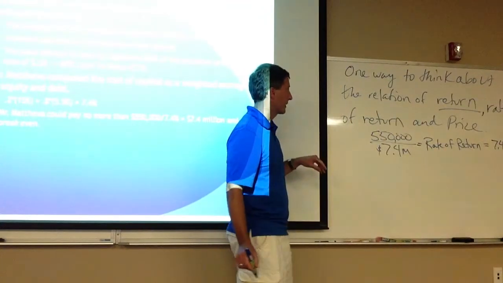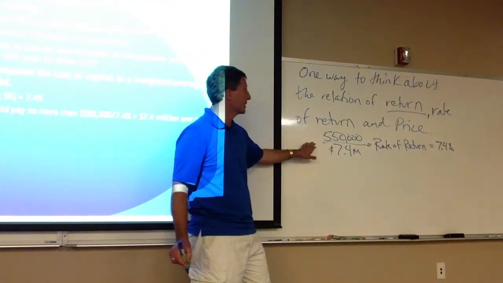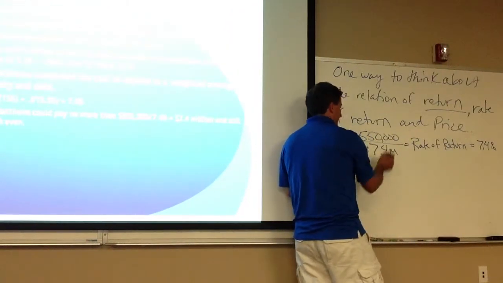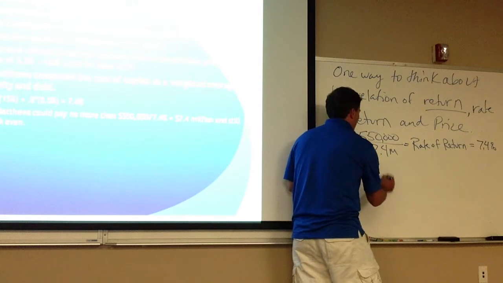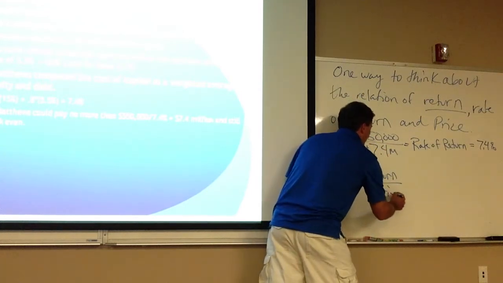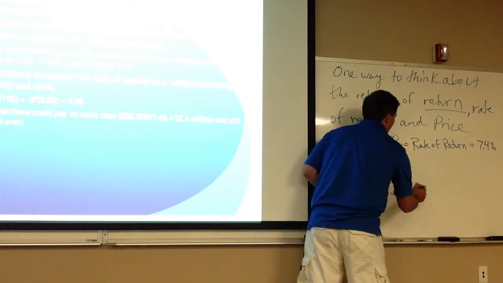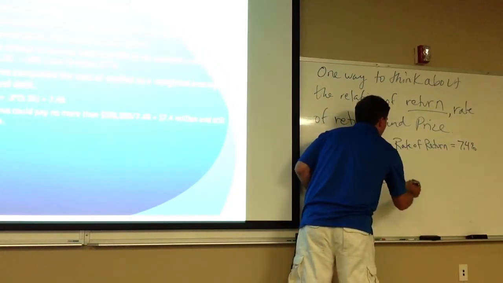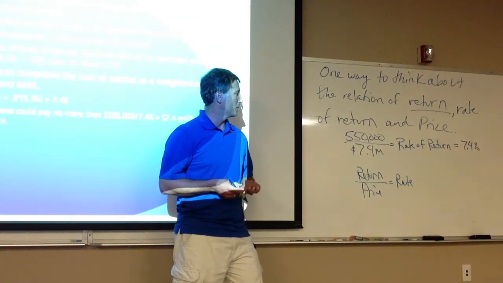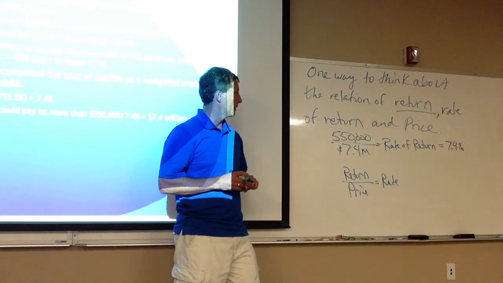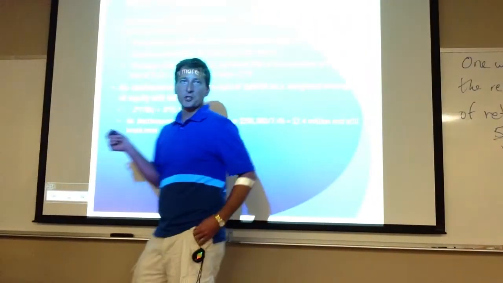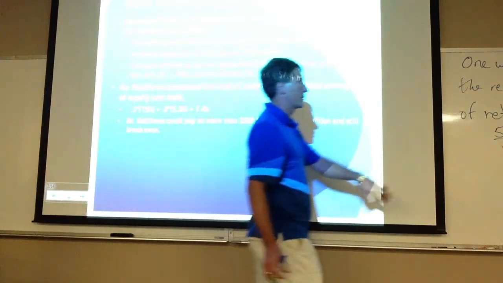Which maybe is a bad number since we had 7.4 million. So the formula would look like this. The return divided by the price of the asset equals the rate. What we did with this problem was just used a little bit of algebra to switch this around.